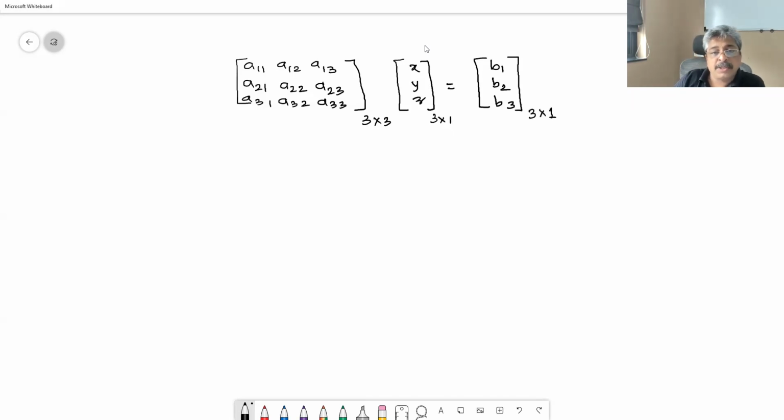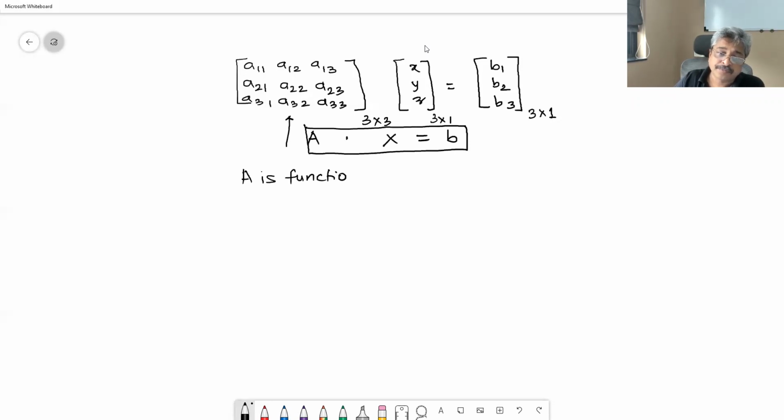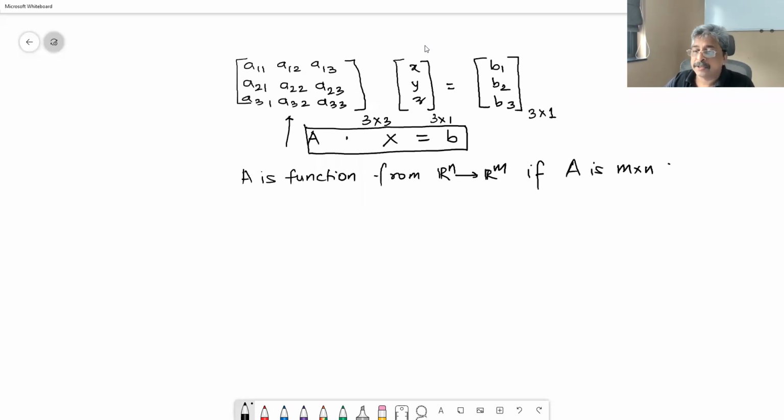We said the meaning of this is this particular matrix A into capital X is equal to B. We are always solving equation AX is equal to B, where capital A is a matrix which we said is a function, A is function from Rn to Rm, if A is m by n matrix.